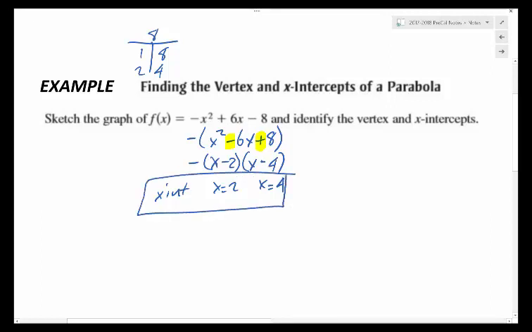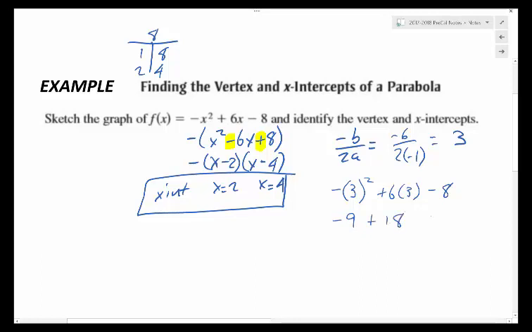To find the vertex, let's do the discriminant. So opposite of b over 2a for the x value, which will give me negative 6 over 2 times negative 1, which gives me positive 3. Okay? So now when I plug positive 3 back in, I'll get negative 3 squared plus 6 times 3 minus 8.